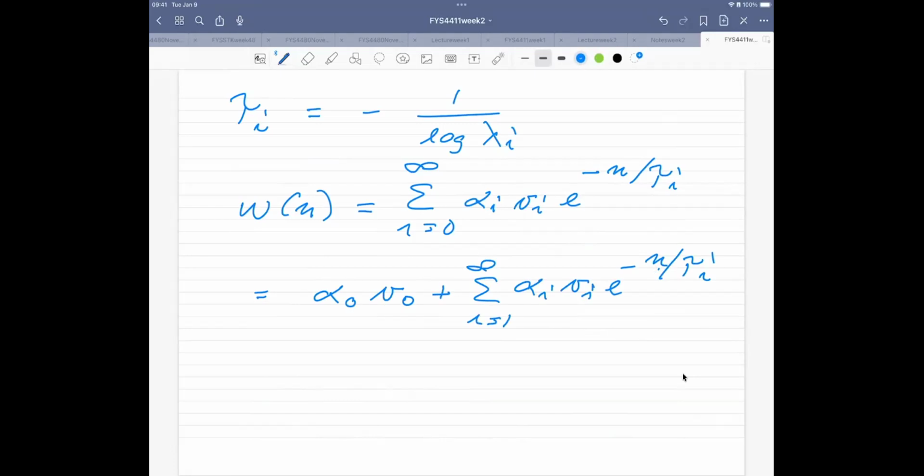Now, the thing which we know is that this eigenvalue, lambda_i, for all the other states, is always less than 1. And then, depending on how fast this is moving, you see that the limit of n going to infinity of W_n is equal to alpha 0 times V0.